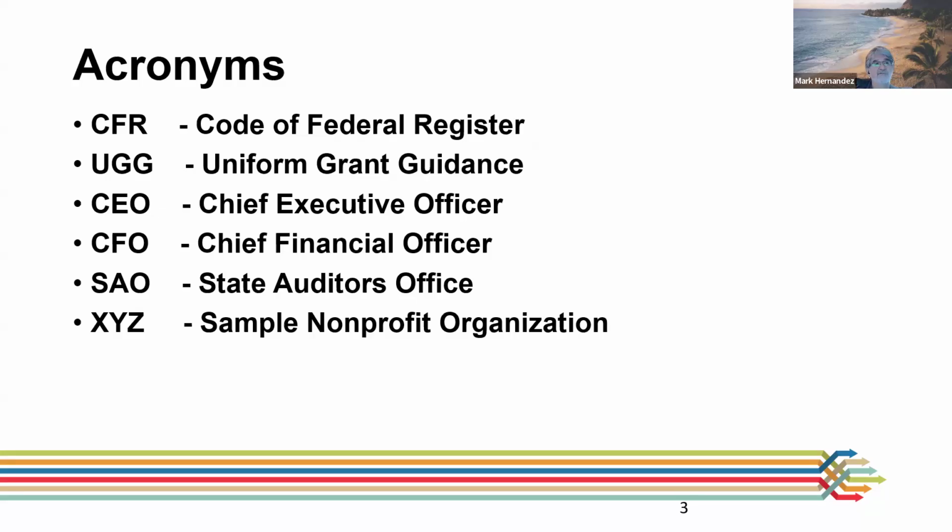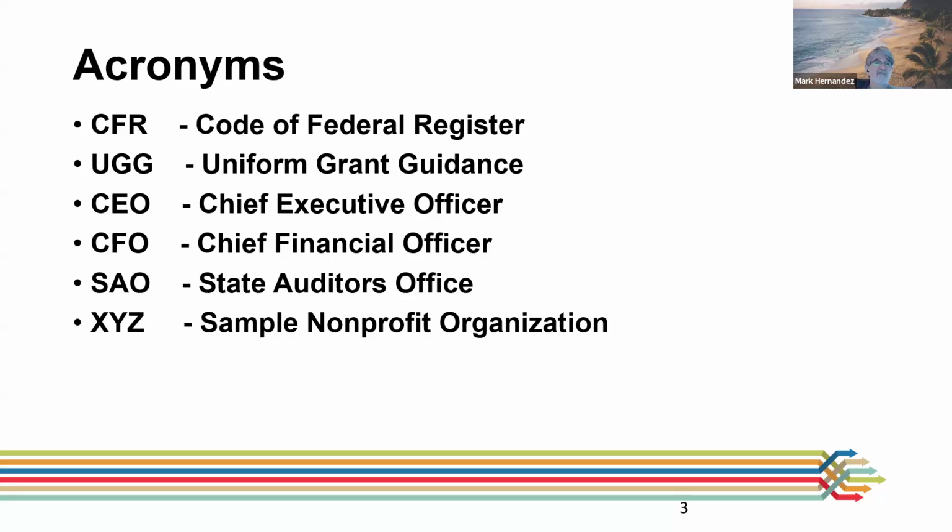So people a lot of times will just call it UGG. So if you hear somebody say that, or if you read and you see they're talking about UGG, that is 2 CFR Part 200.